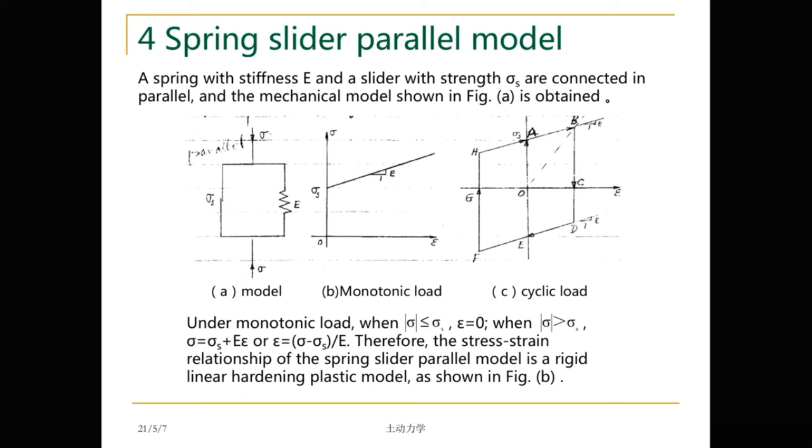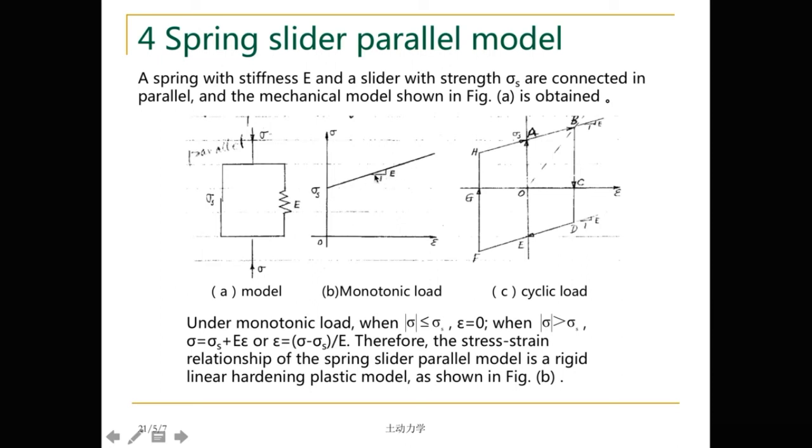Under monotonic load, in the beginning, the load is less than the strength, so there's no strain, and it moves from O to sigma s. When the load reaches sigma s, it will develop as a spring deformation.